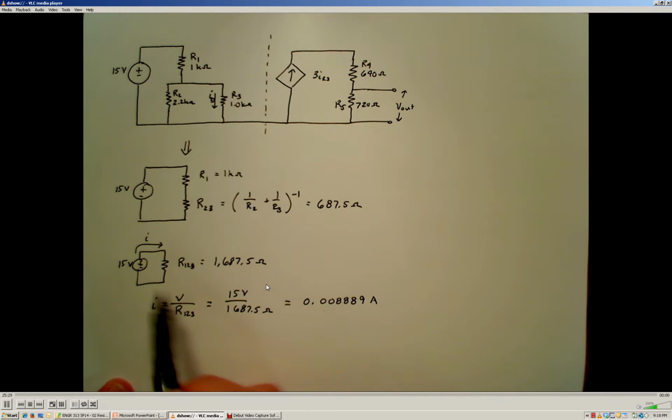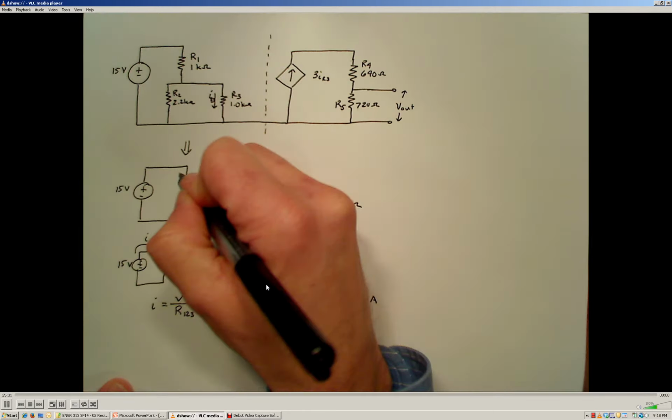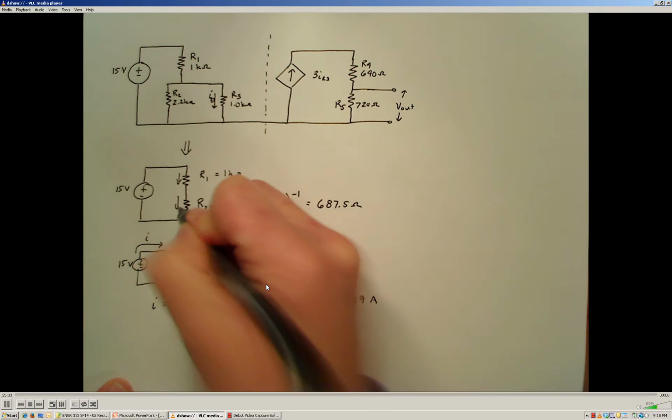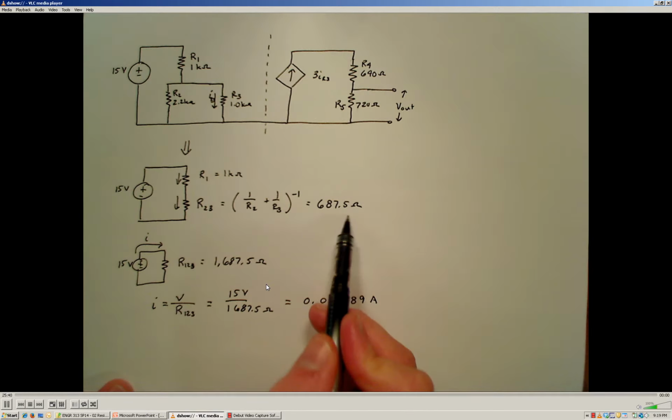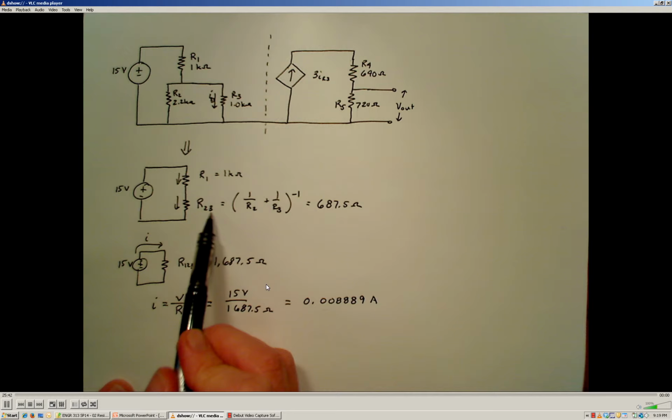Once we know the current through this equivalent resistance, we know that current is going to be the same both through R1 as well as through the combined R2 and R3. So now we can determine the potential developed across the R2,3 equivalent.